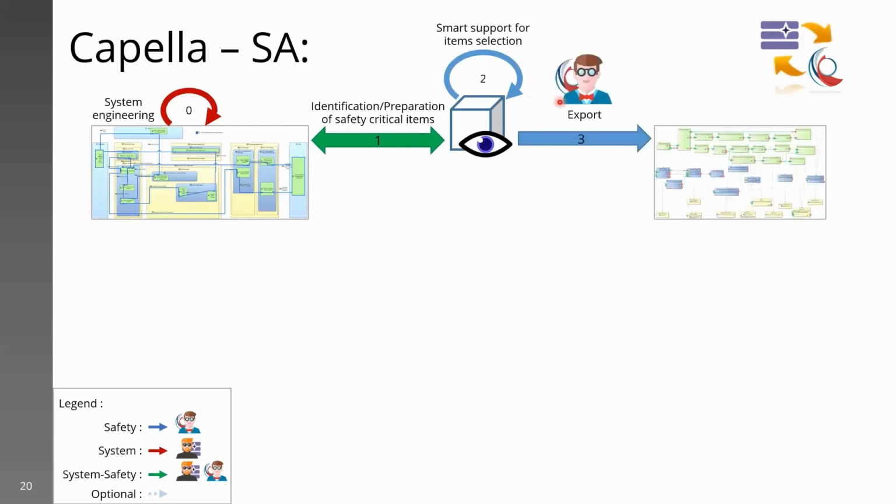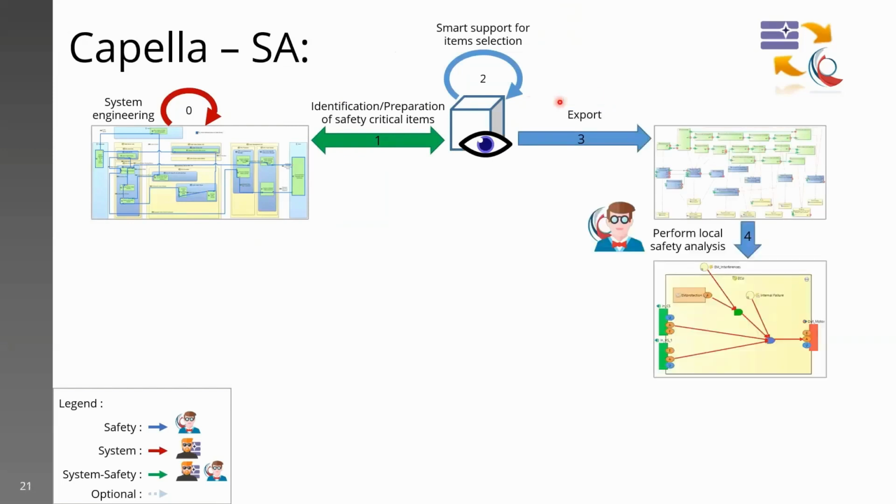Next step, we export the data to Safety Architect. And next, we perform the safety analysis as I already showed you during the Safety Architect demonstration. So we perform the local safety analysis.